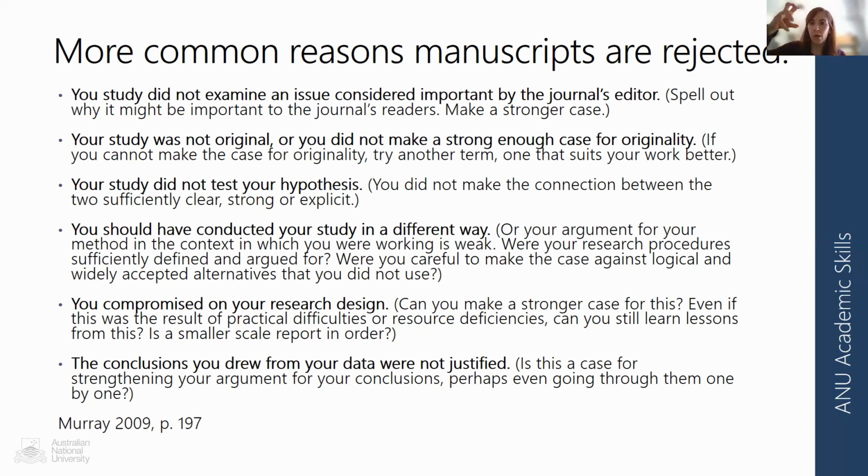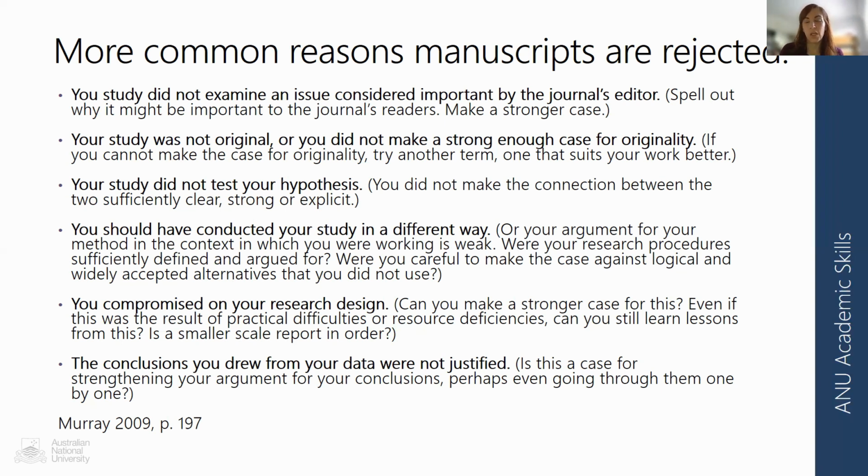You've got to show problem, methods, that it all makes sense and matches up. Otherwise, they'll say, well, why didn't you do it in this way? This way makes more sense. Whereas you know which way makes sense, but you've not articulated clearly why you've chosen the way you've done it. Maybe they think you've compromised on your research design. Maybe you want to talk about what your limitations were, but why we can still take these findings as important and saying something.